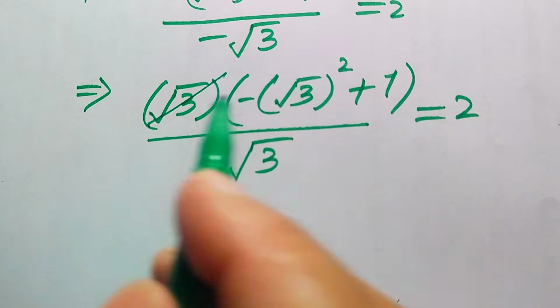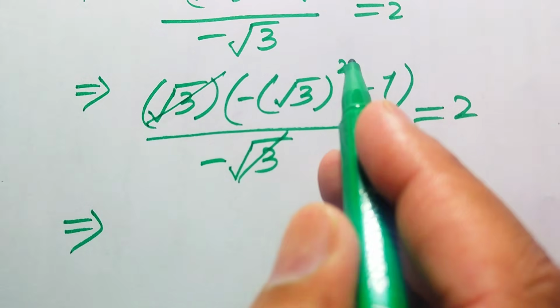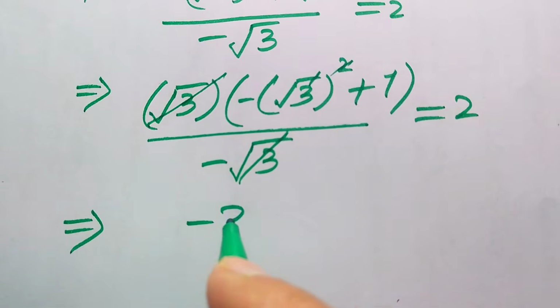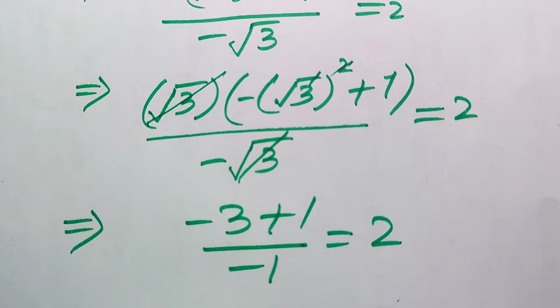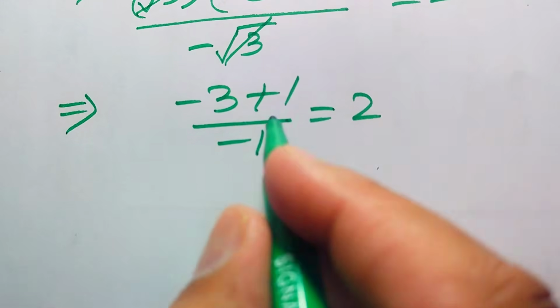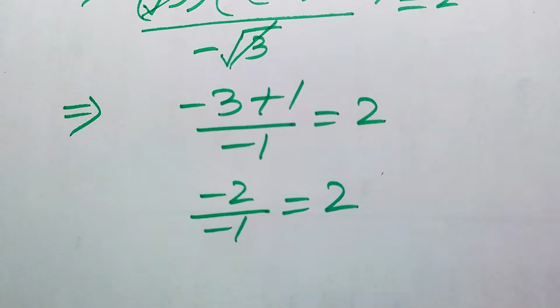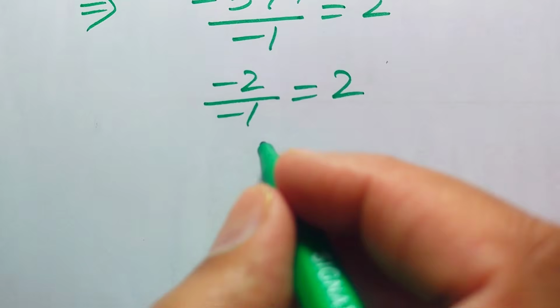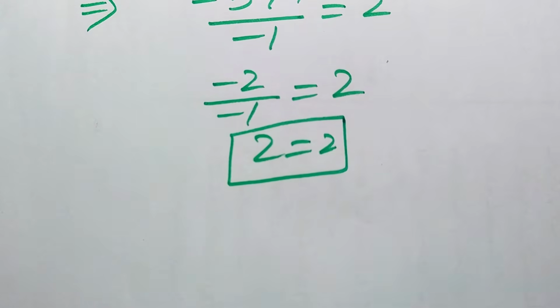So this square root of 3 and this square root of 3 are gone, and we get minus 3 plus 1 divided by minus 1 equals 2, and minus 3 plus 1 becomes minus 2, divided by minus 1, equals 2. So we have 2 equals 2. This shows that the second value of b also satisfies our given question statement.